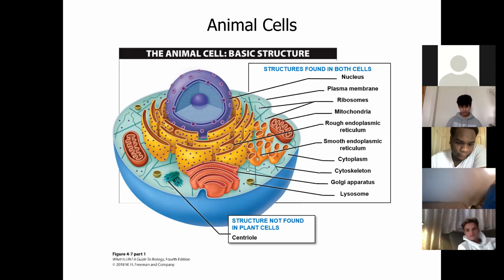The space between the nucleus and the membrane is called cytosol. It's filled with a jelly-like fluid called cytoplasm, and within the cytoplasm you find the organelles that provide different functions, right?